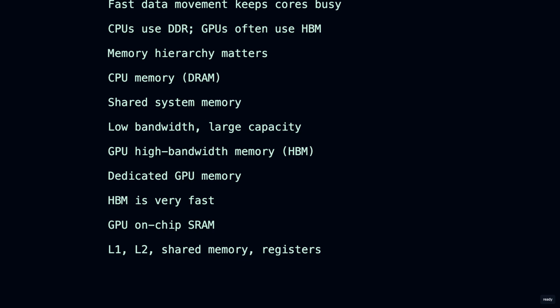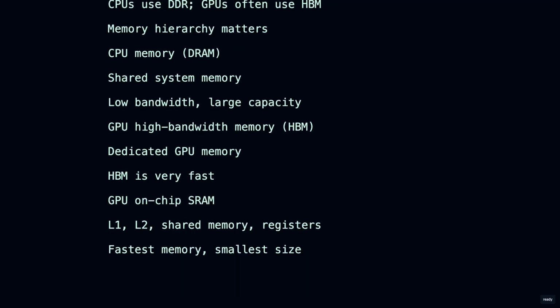They are small, but they are essential for keeping the GPU fed with data. On-chip memory is incredibly fast, but there is very little of it. That is why GPU programming is often about careful reuse and data movement.